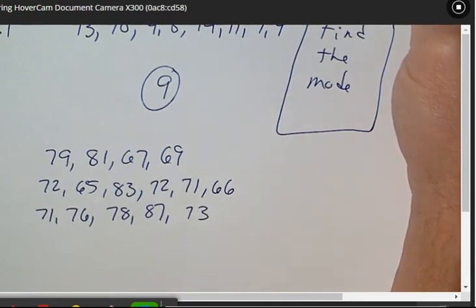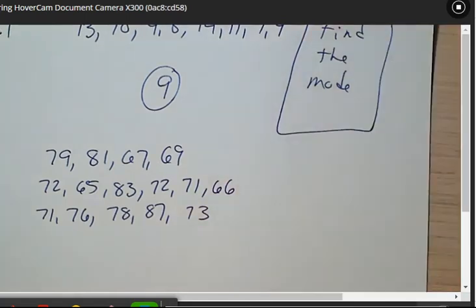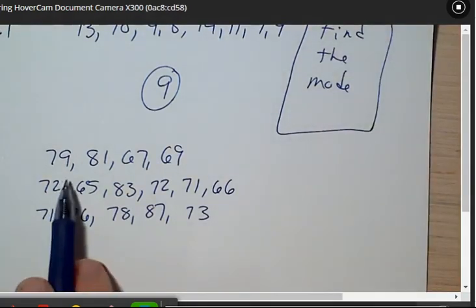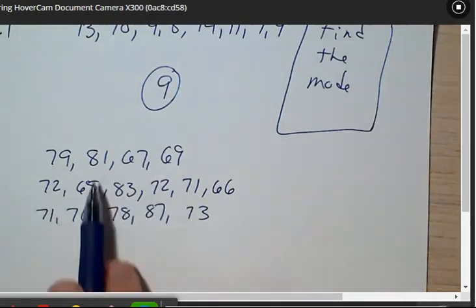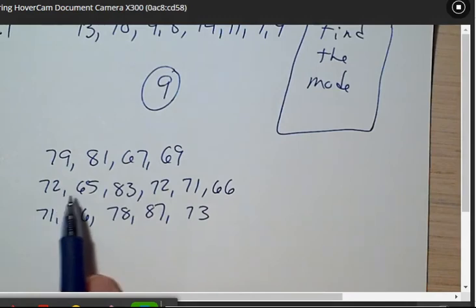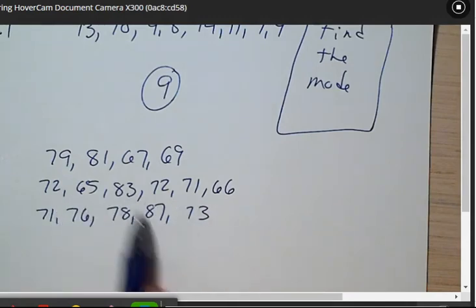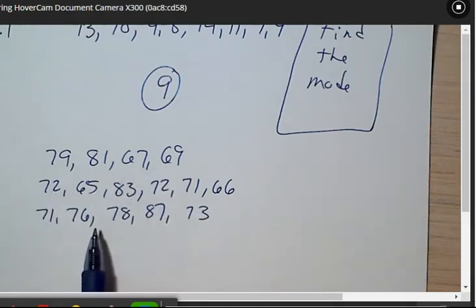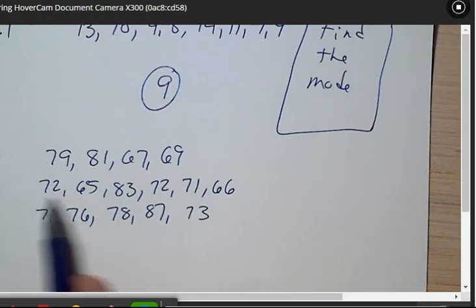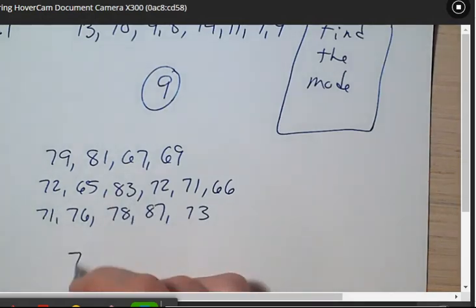So for this one, we're just finding numbers that repeat. If you go through this list, 79 does not show up more than once. 81 doesn't, because the only other one is 87. So all the 80s are out. We've got 67, nope. 69, no. There's a 72, okay, so 72 shows up twice.